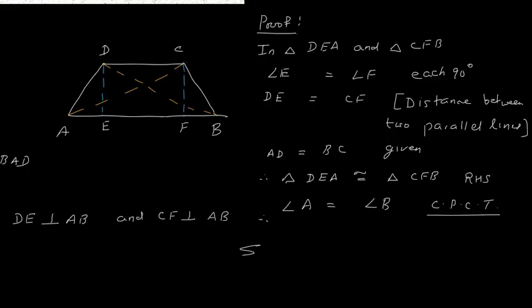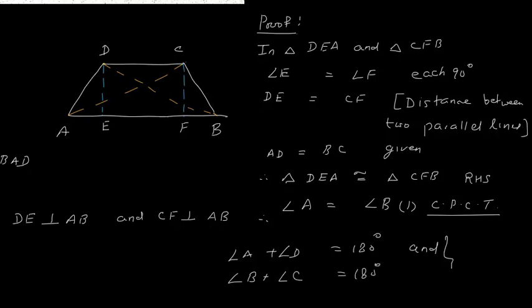Instead of writing similarly, I will consider this as equation 1. Now angle A plus angle D is equal to 180 degrees, and angle B plus angle C is equal to 180 degrees.